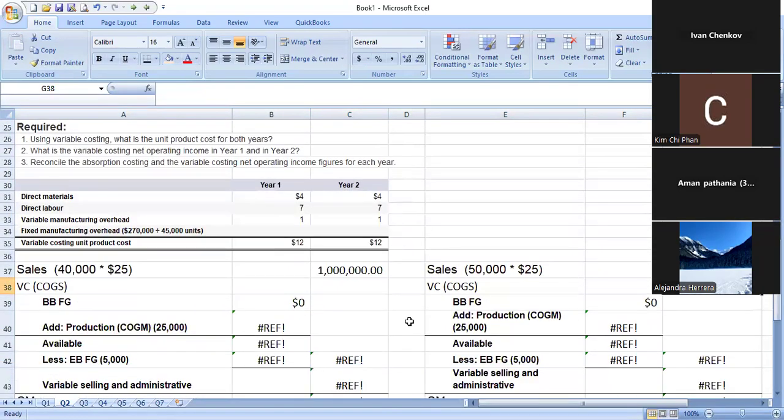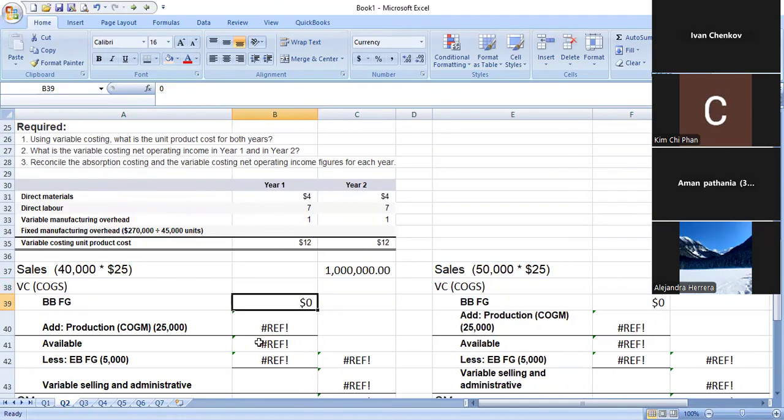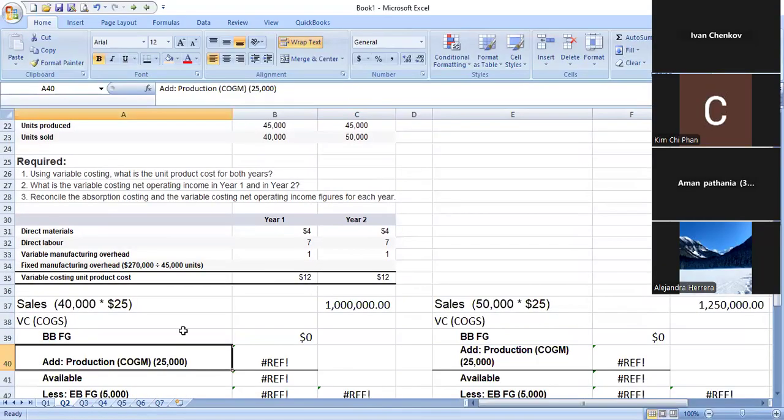Now let's go with the variable costing here. Beginning balance in the first year will be 0. Production the first year, we produce 45,000.